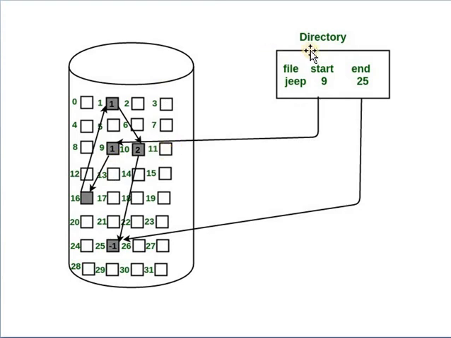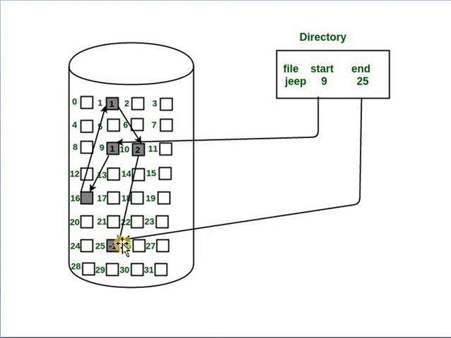Consider one file, zip. We want to store the zip file in the operating system. What is the starting address of the zip file? 9. So the first pointer is at the 9th block, then next 16, next 1, next 2, up to when the whole file is stored and the blocks are allocated, and the last block is indicated by -1.